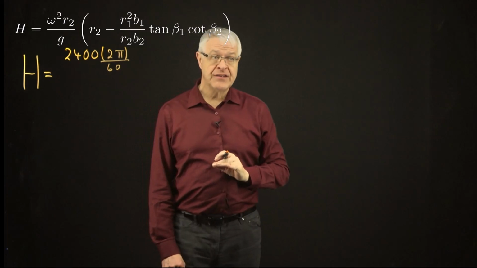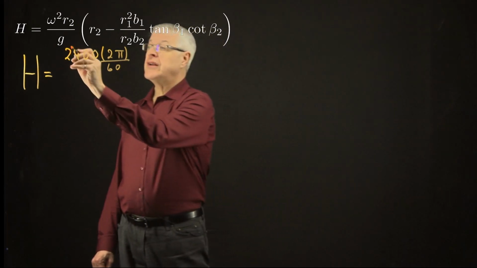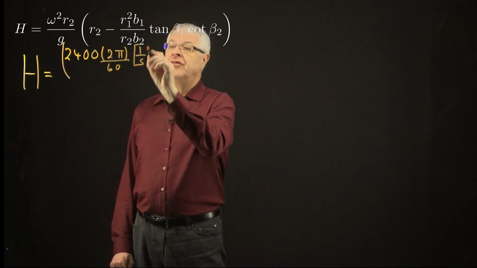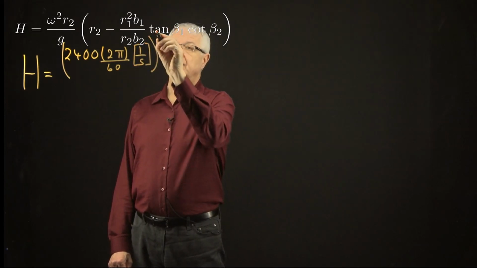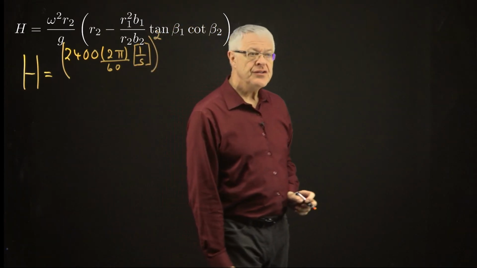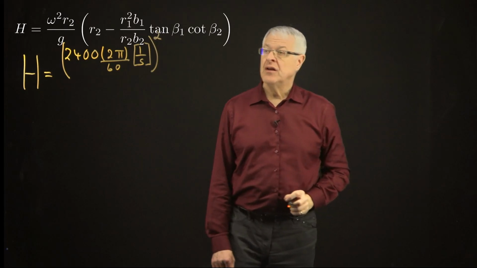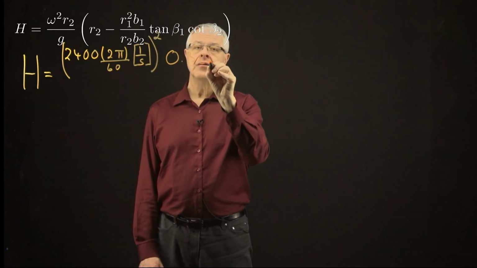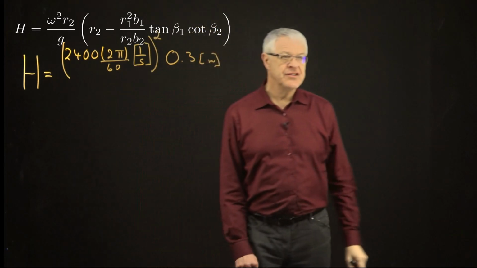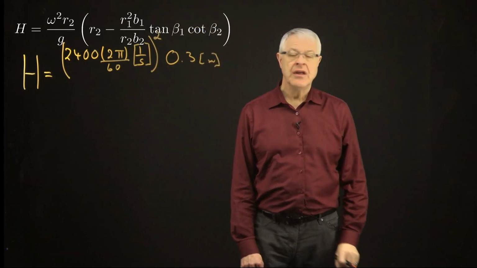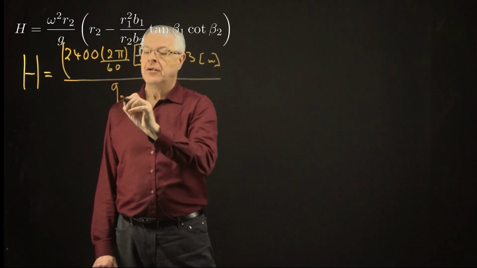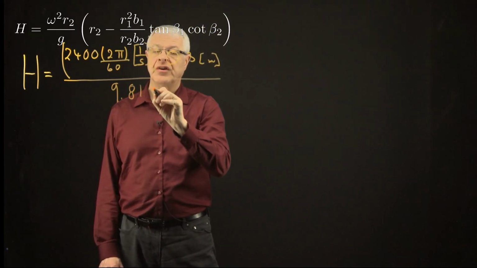So all of that gives me that angular speed in radians per second. So I'll give that units 1 over seconds, and then square the entire thing. So that's the omega squared. R2 for this impeller was 0.3 meters. So that's our R2, then divided by g, 9.81 meters per second squared.